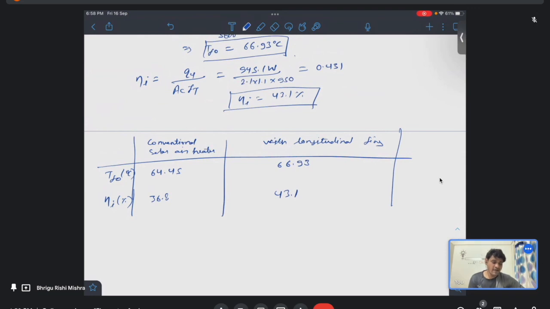So it is generally used for industrial purposes, where the area of the absorber plate can be large, and it can be utilized very efficiently in industries compared to household purposes.